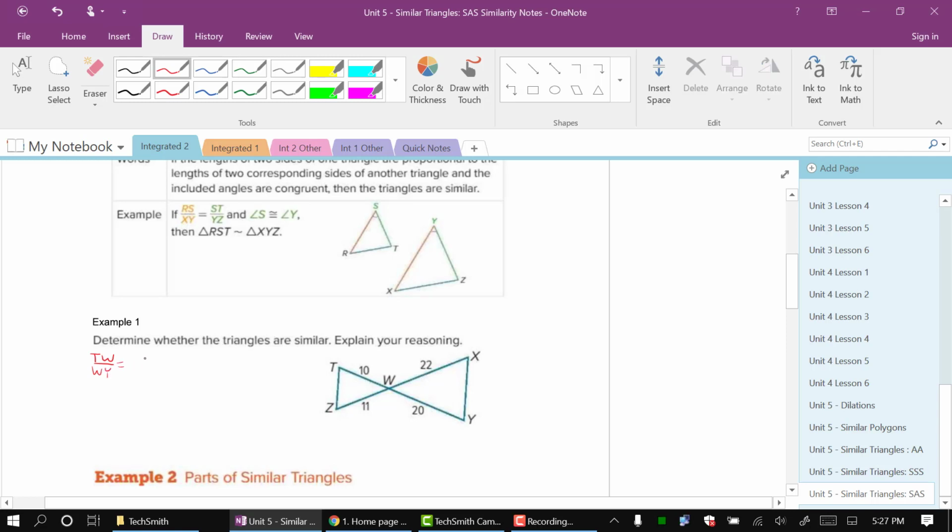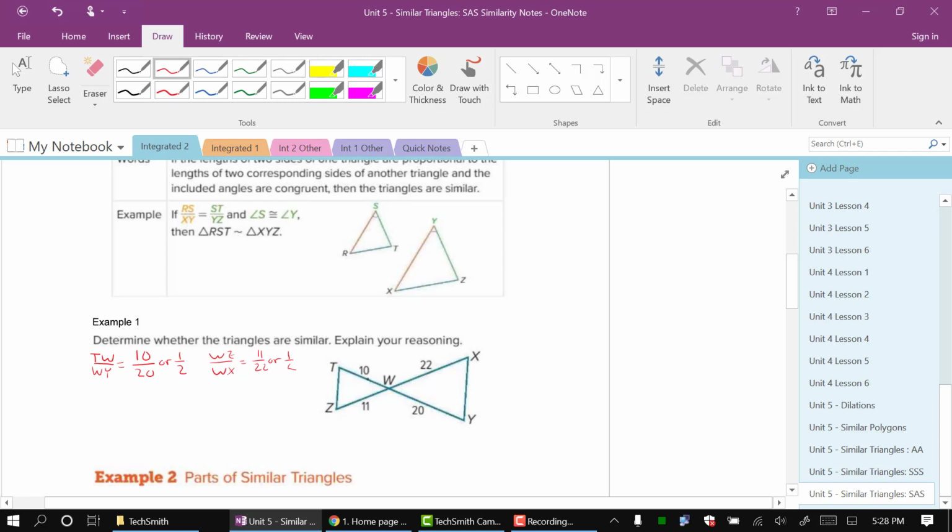TW has a length of 10, WY has a length of 20, and this reduces down to 1/2. The next one we have is WZ, which corresponds to WX. That is 11 over 22, or 1/2.